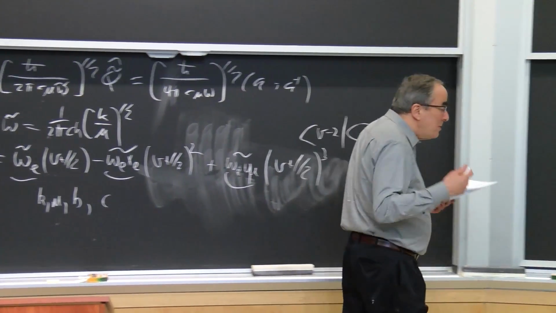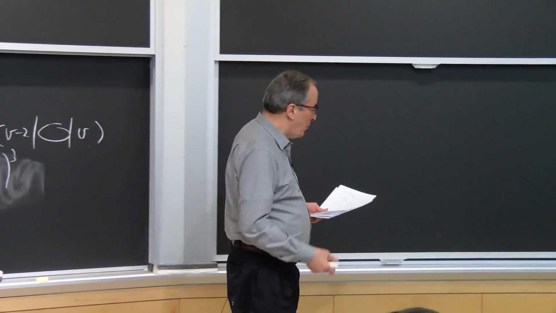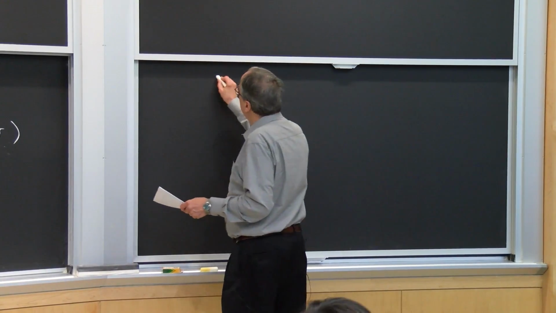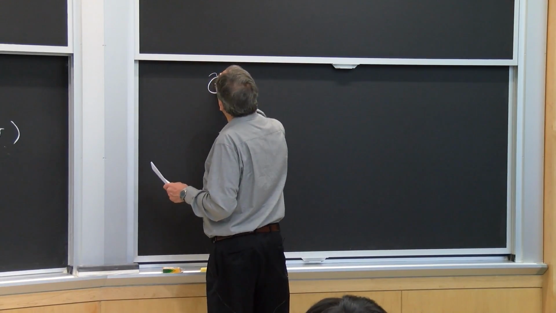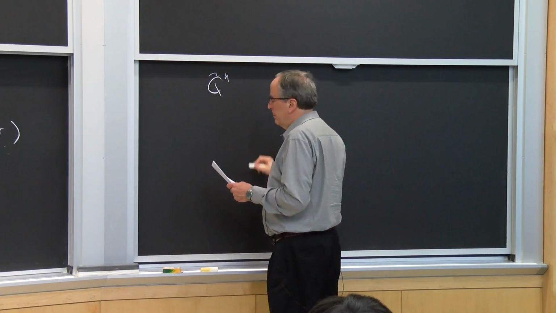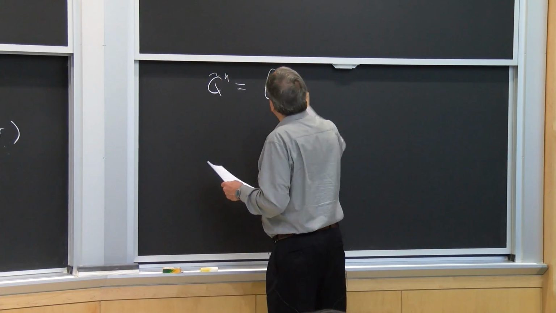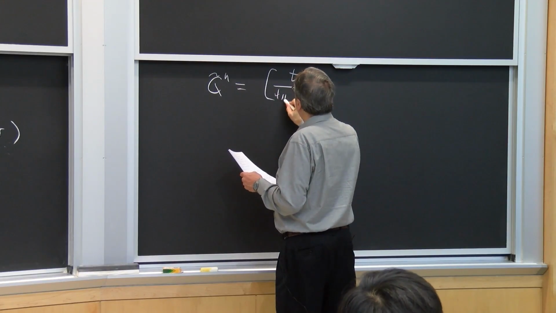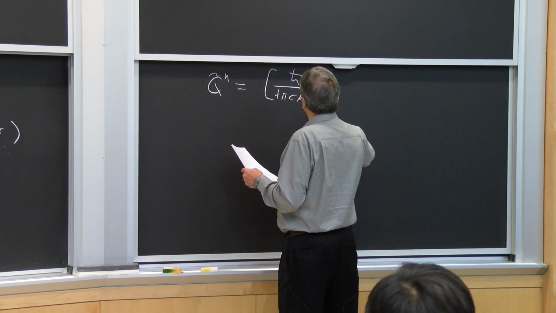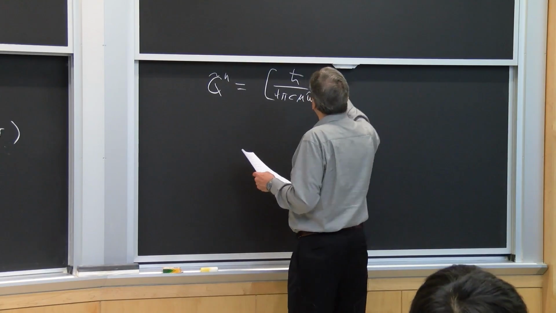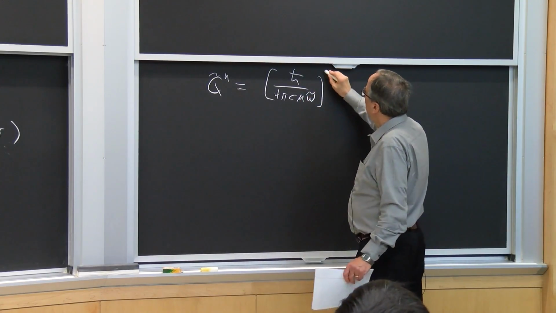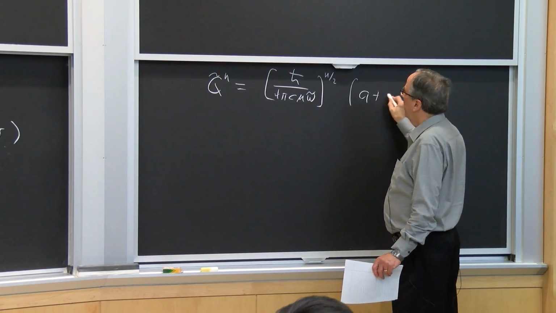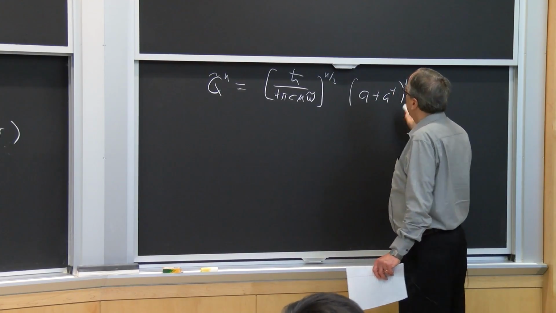Okay, now, to risk boring you, I'm just going to go over material that we've done before. So if we have q to the n, we have this constant out in front, h bar over 4 pi c mu omega twiddle, to the n over 2, times a plus a dagger to the n.